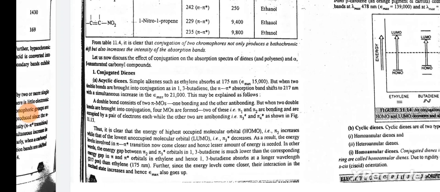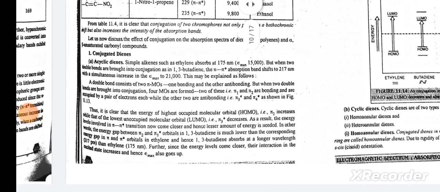one bonding and the other anti-bonding, but when two double bonds are brought into conjugation, 4 MOs are formed. Two of these, pi 1 and pi 2, are bonding and are occupied by a pair of electrons each, while the other two are anti-bonding, pi star 3 and pi star 4, as shown in figure 11.13. Thus, it is clear that the energy of the highest occupied molecular orbital increases while that of the lowest unoccupied molecular orbital decreases.